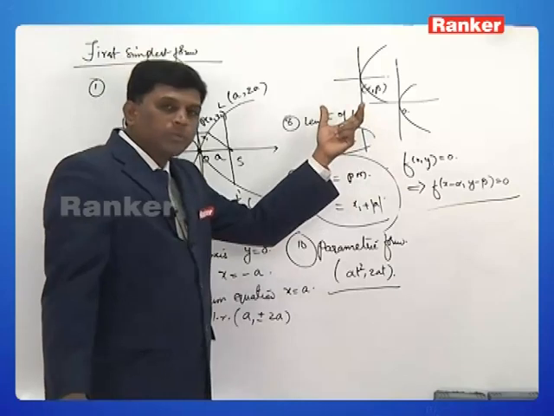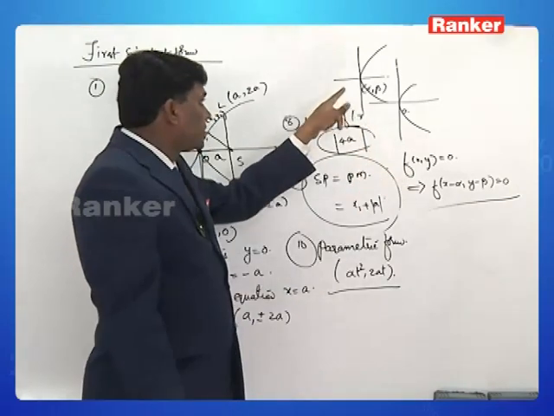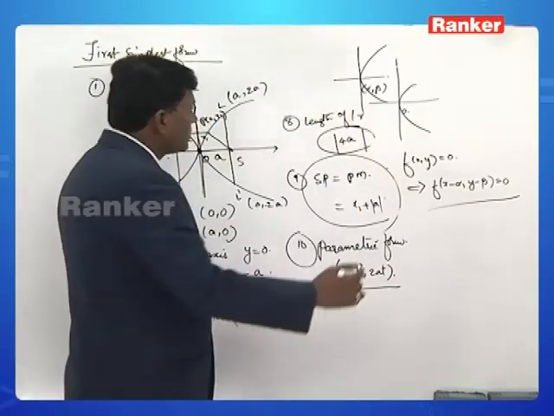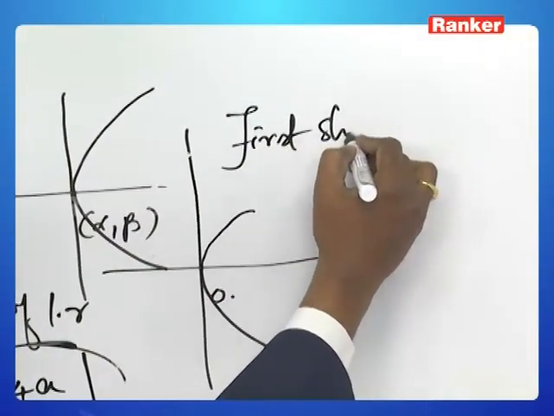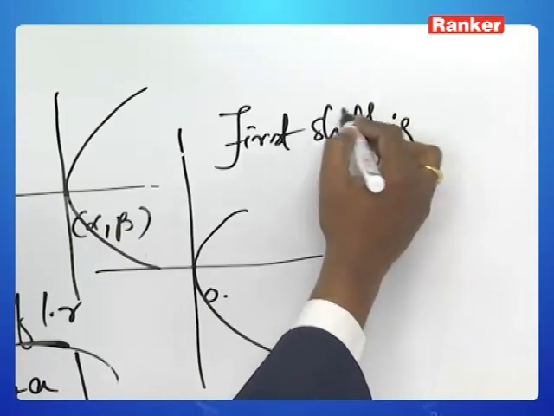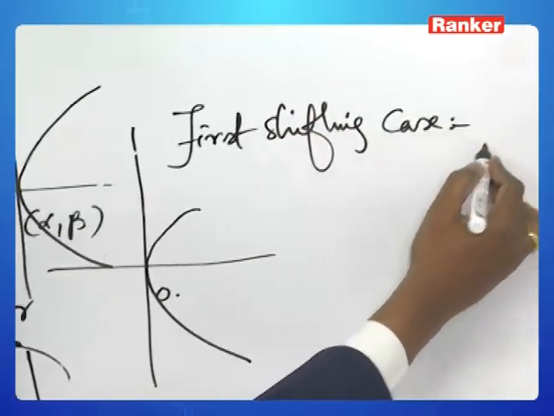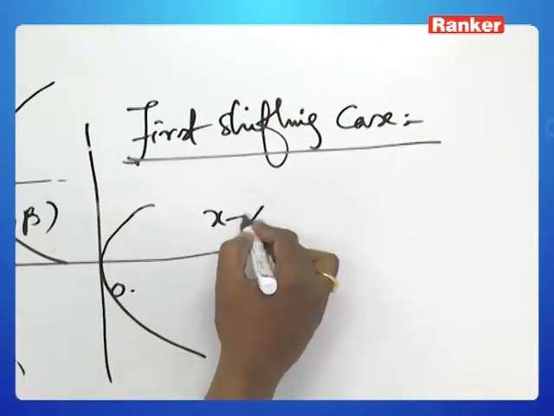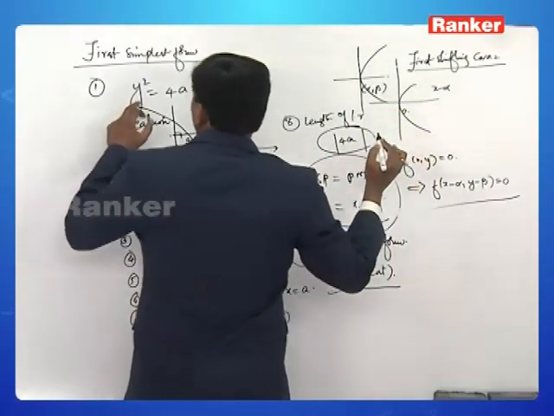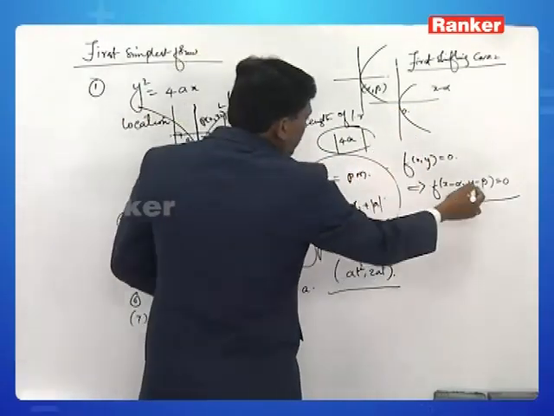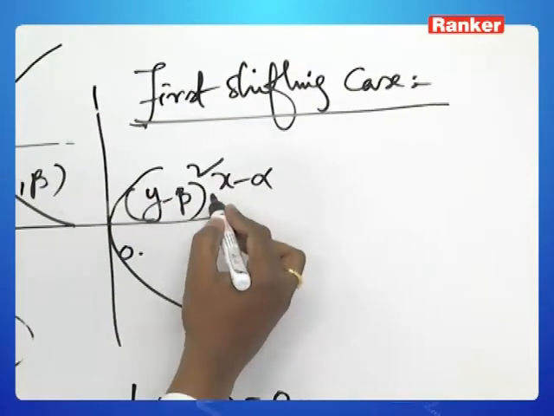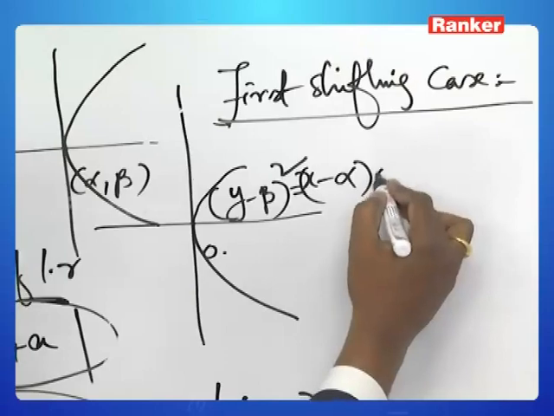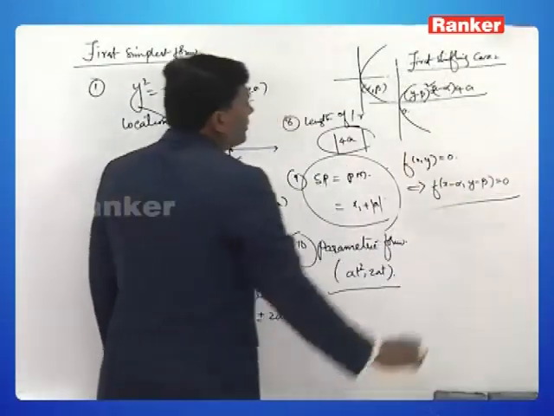You are getting all the properties related to equations for the first shifting case. Here y is replaced with y minus beta. Y minus beta whole square equals to 4a into x minus alpha.